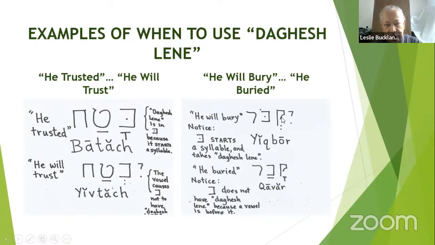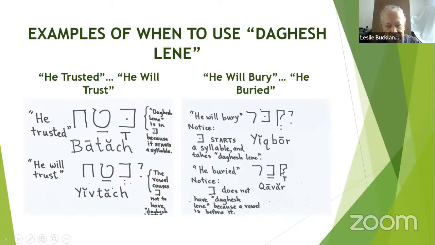It is because Kof has no vowel that you put the simple Shawa underneath it. So this is not a vowel, and therefore Dagesh Lene can go in this consonant.